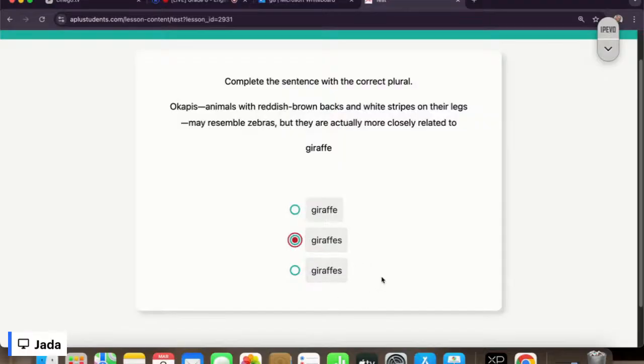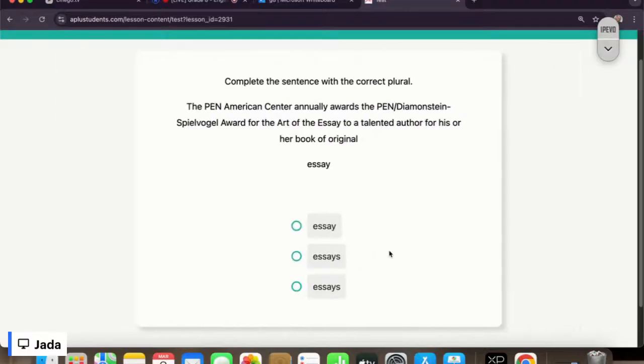Okay, so we have giraffes. Alright, that's it for our lesson today on the nouns. Can you tell me if you have any question?